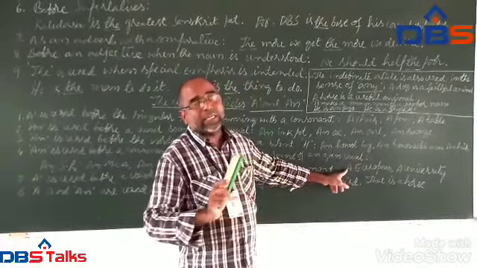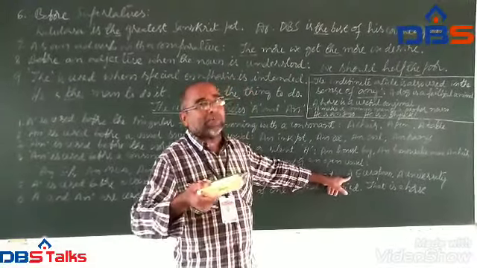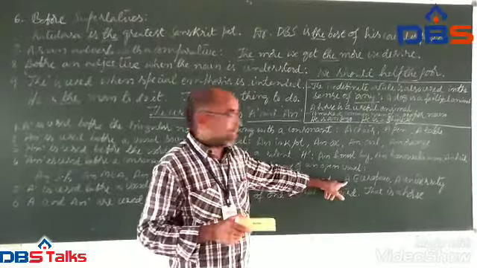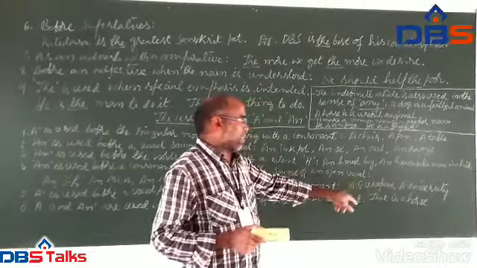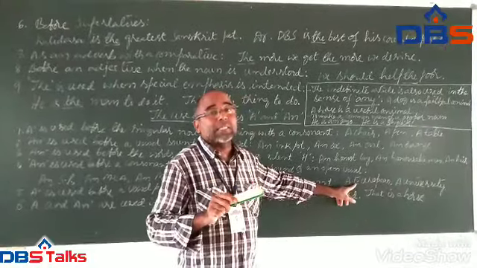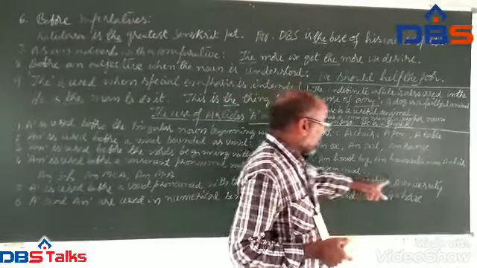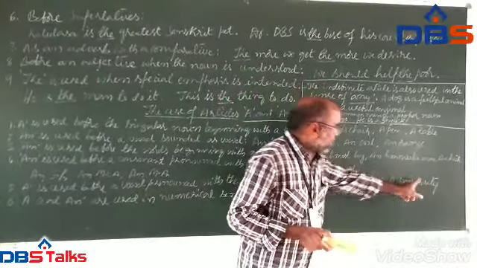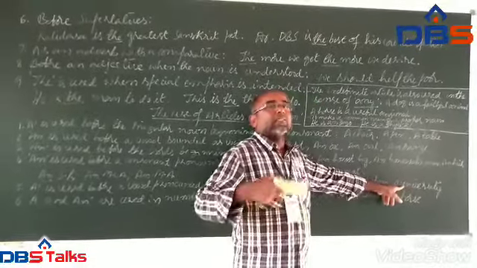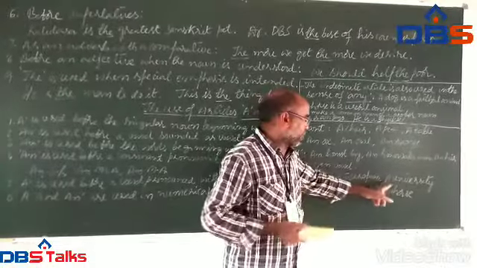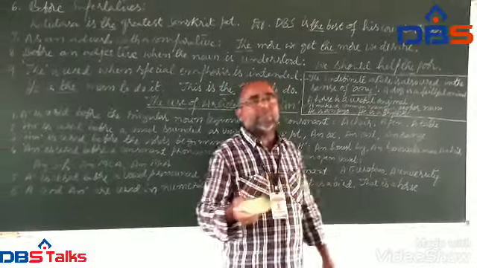So we don't use the indefinite article an here, as is confused by many, but we use the indefinite article a, because even though the word European begins with a vowel letter, it sounds as a consonant. So a European, not an European. In the same way, even though the word university begins with a vowel, it sounds as a consonant. Consonant sound is here. So we use a university, a European, not an European, not an university.